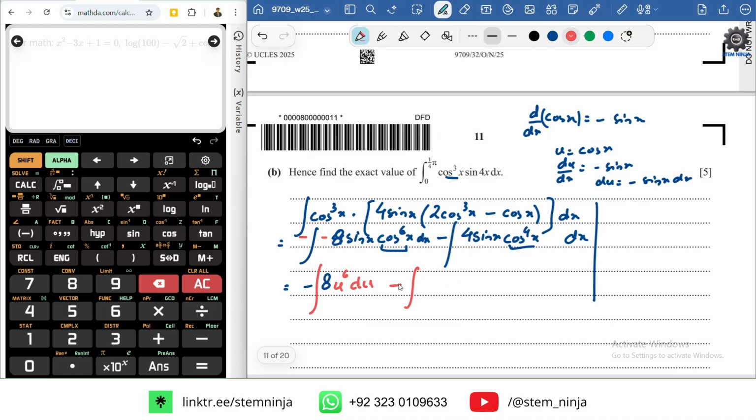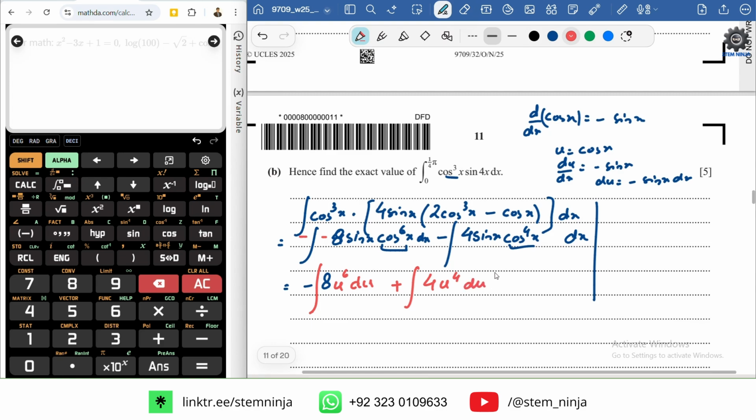So minus is already there, so we can make it minus minus also, plus, because the sign is already chosen. So you have 4u raised to power 4 du.